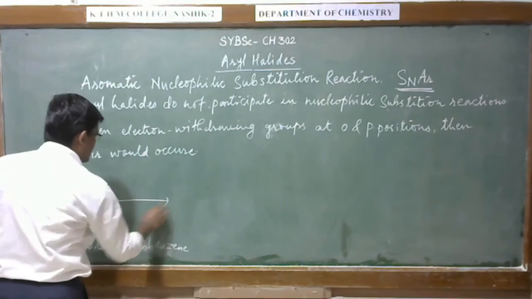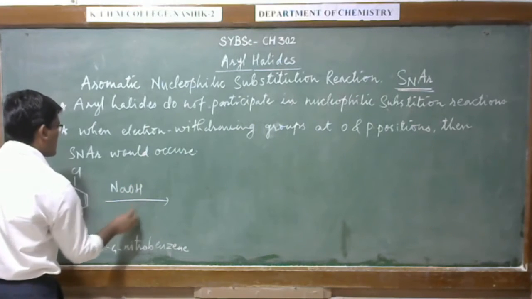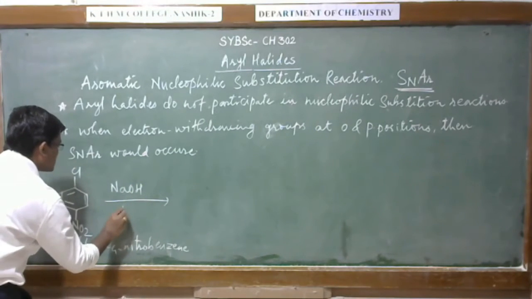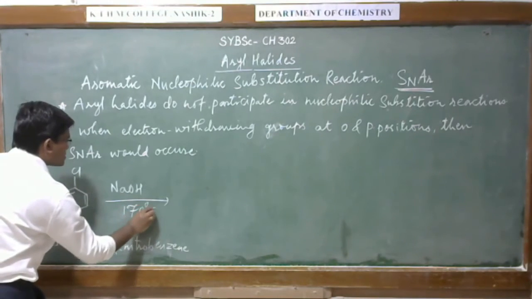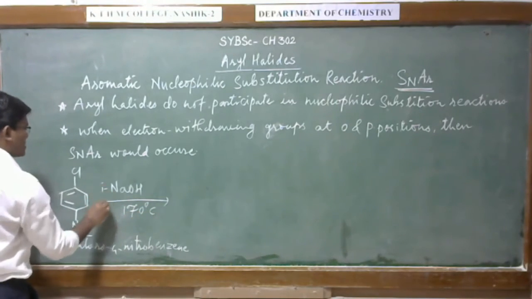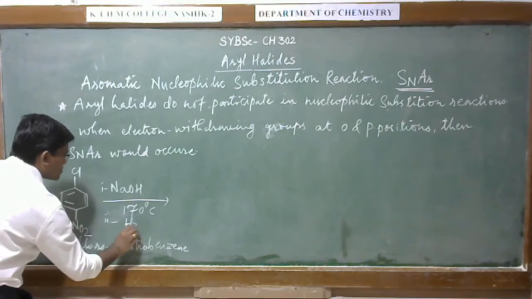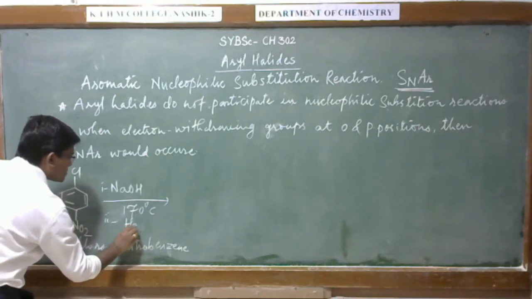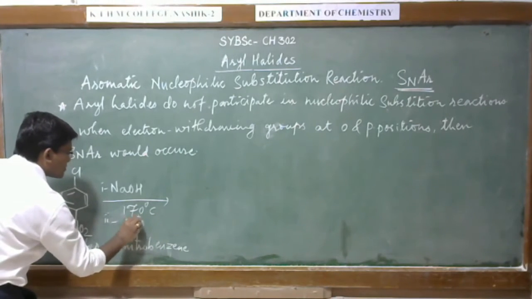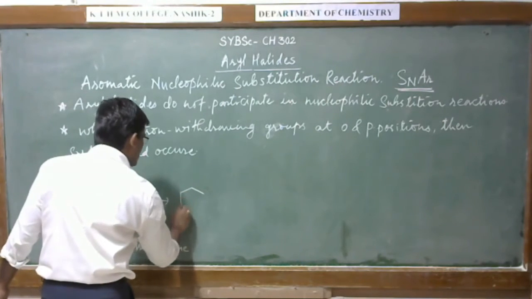When it reacts with NaOH at 170 degrees Celsius in the first step, and in the second step acid hydrolysis, it gives 4-nitrophenol.